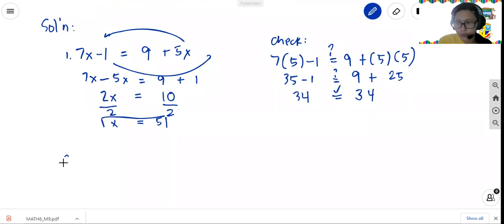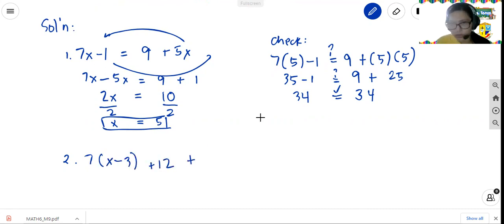Next, we have for number 2, 7 times x minus 3 plus 12 equals 8 minus 3 times 3x minus 5.